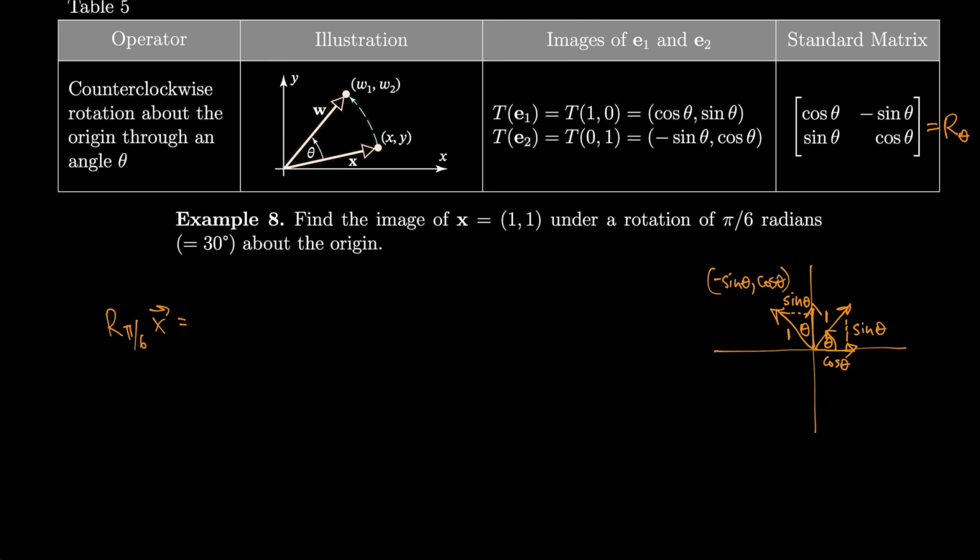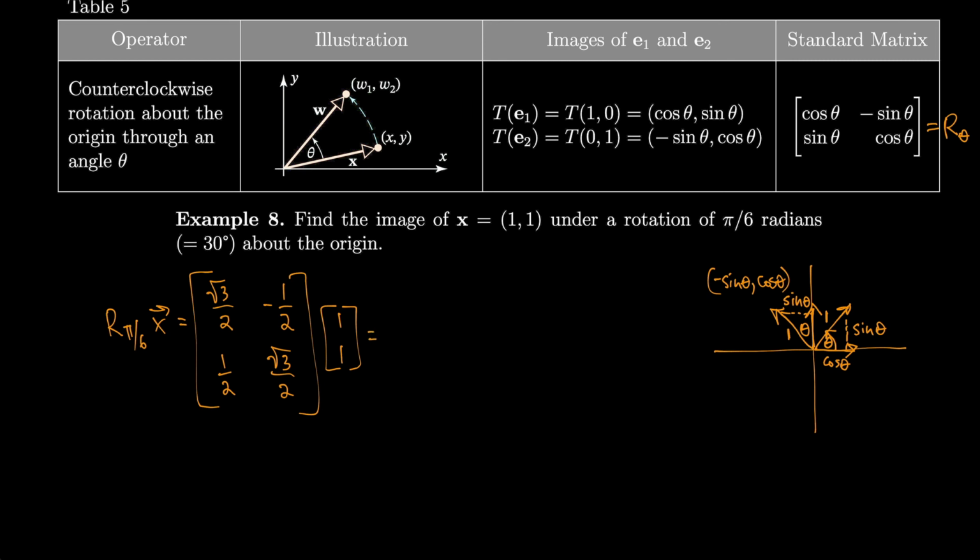And that means that we're taking cosine of pi over 6, which is square root of 3 over 2. We're going to take minus sine of pi over 6, so that's minus a half. And then sine of pi over 6 is a half. And then cosine of pi over 6 again is root 3 over 2. So what we'll do is we'll apply that to 1, 1.